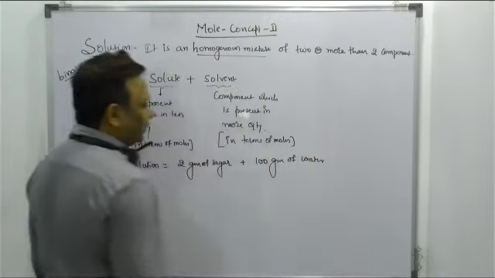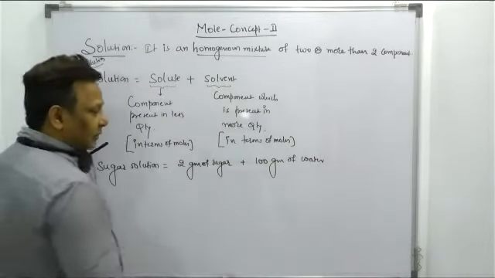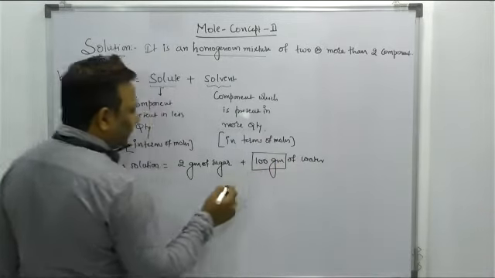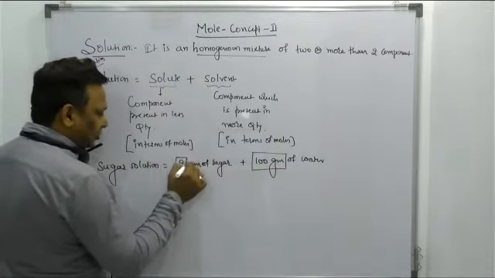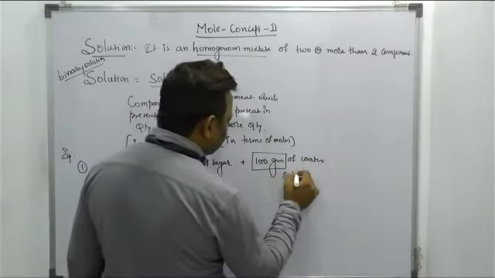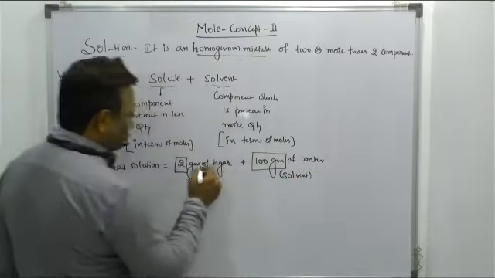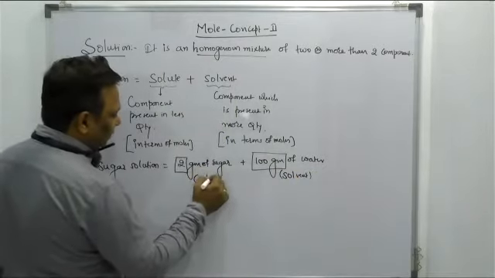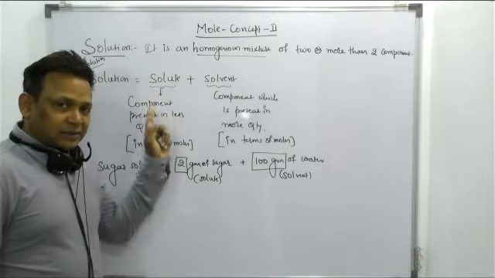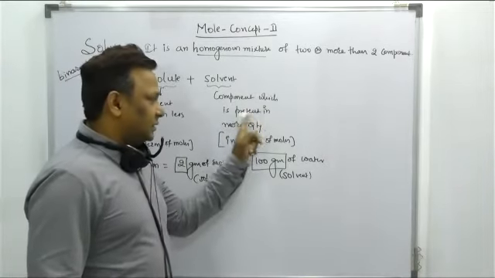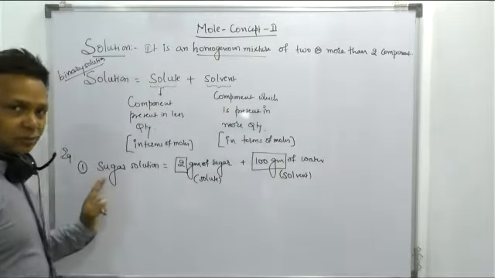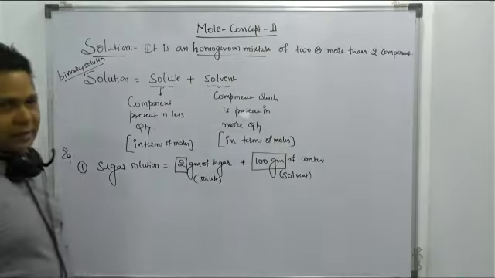Obviously you are able to see the quantity: water is the component present in a large quantity and sugar is the component present in a small quantity. So in this sugar solution, water will behave as the solvent and sugar will behave as the solute. The component present in less quantity is called a solute, and the component present in more quantity is called a solvent. Solute plus solvent always gives rise to solution.